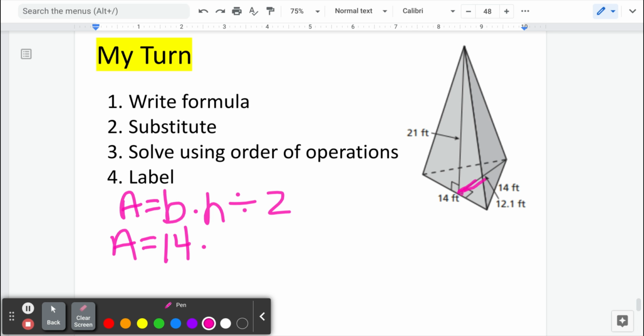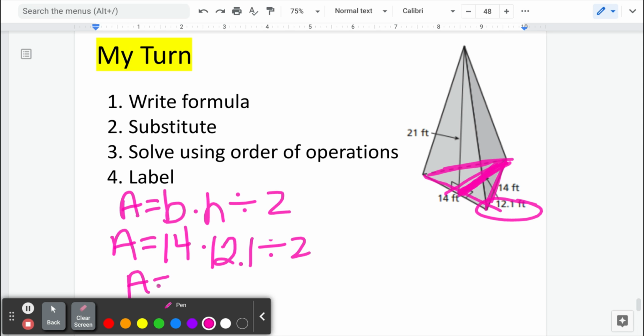The height of that bottom triangle is this line right here. Because if I look on the inside of my triangle, the height is going from the bottom up to the center. And it looks here that that's a 12.1 divided by 2. So the area of my bottom triangle, or my base we call it, is 14 times 12.1 divided by 2, which is going to give me an 84.7.